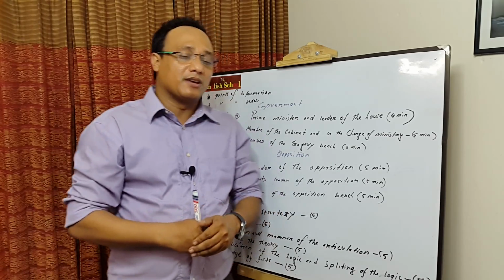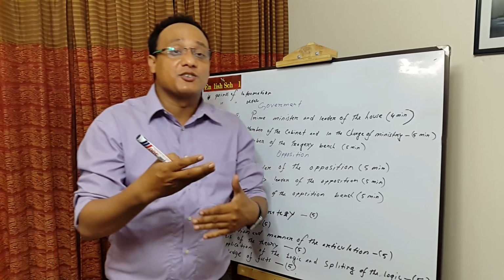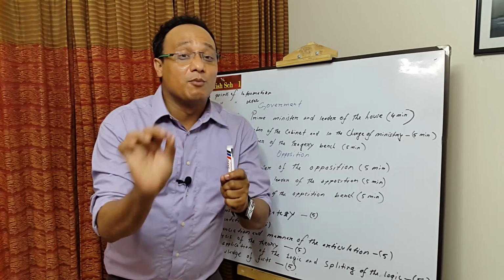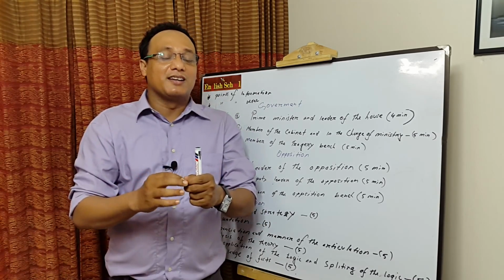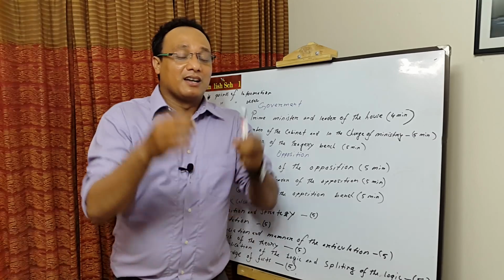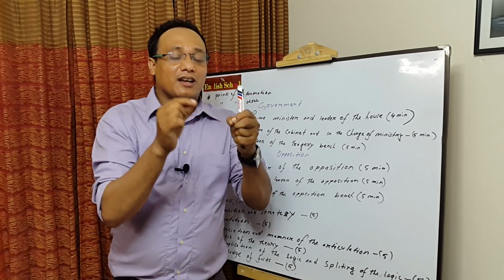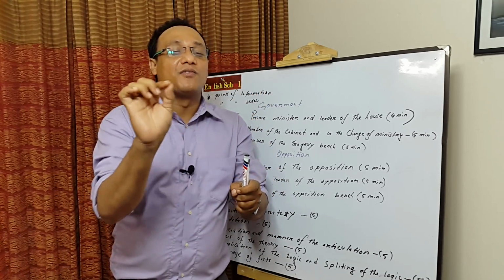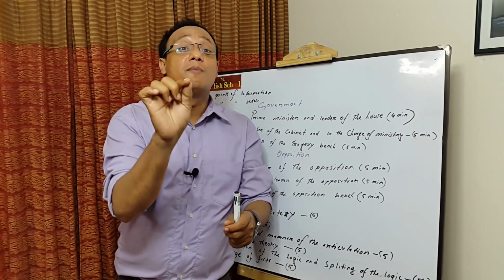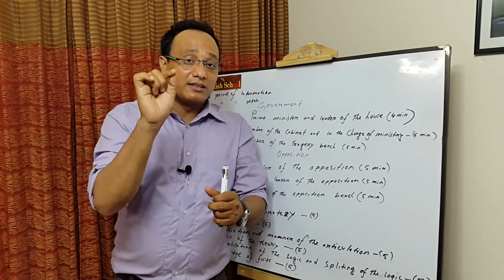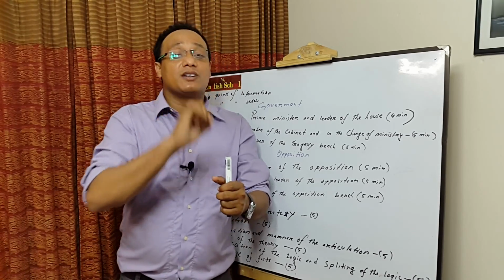Examples: the opposition speaker is not on the motion. Another example: the language he is using is offensive. He is repeating the same points that he has already made.